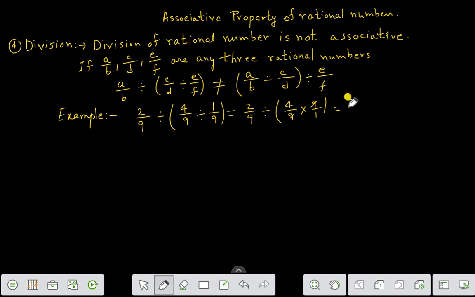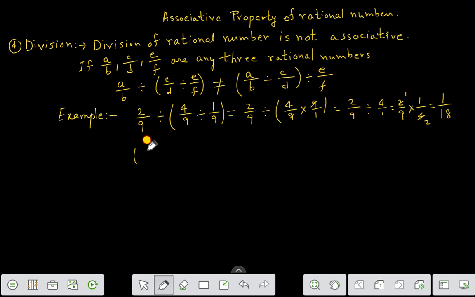Then you are getting 2 by 9 divided by 4 by 1, that is 2 by 9 into 1 by 4. If we cut this one, 2 1 is 2, 2 2 is 4, then we are getting 1 by 9 2 is 18. We are getting 1 by 18, right?